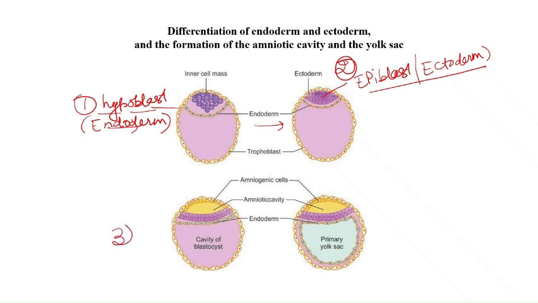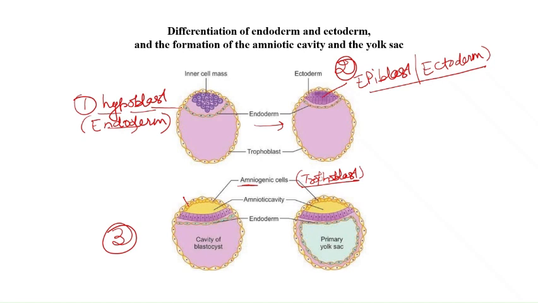In the third stage, you can see there is a formation of cavity. These yellow colored cells are derived from the trophoblast. These amniogenic cells are derived from the trophoblast. It means it is again not going to give rise to any tissue, but the supportive structure only.